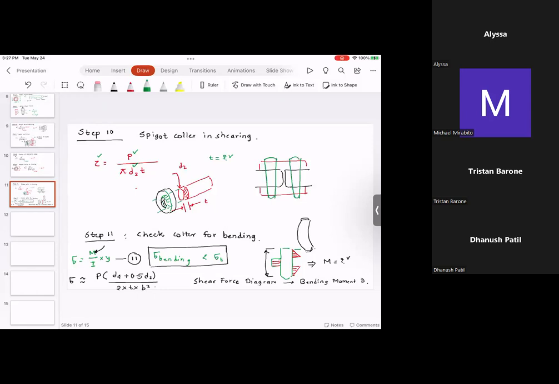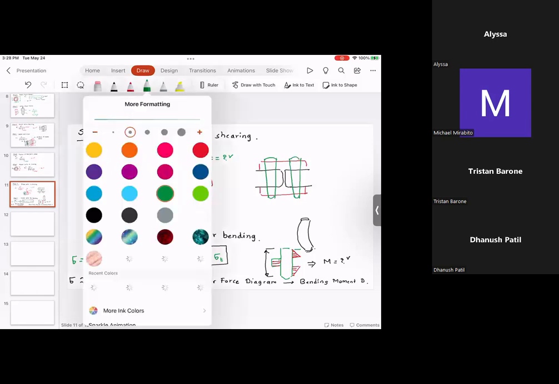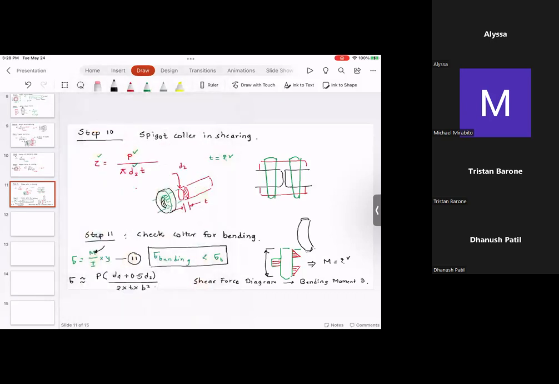So the procedure is exactly the same. In that case, you follow the same procedure. It's actually easier in some sense.